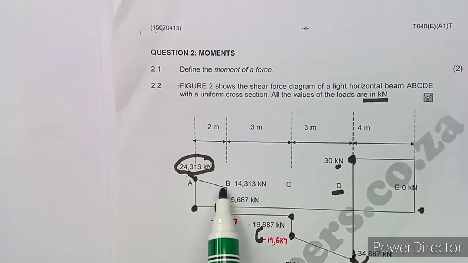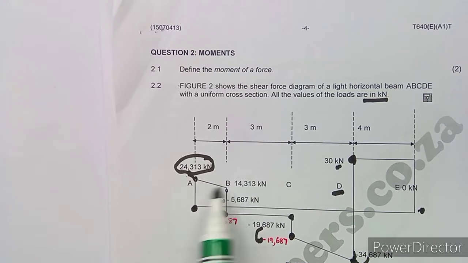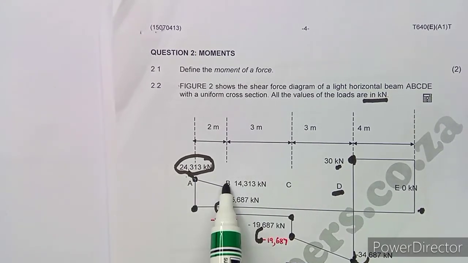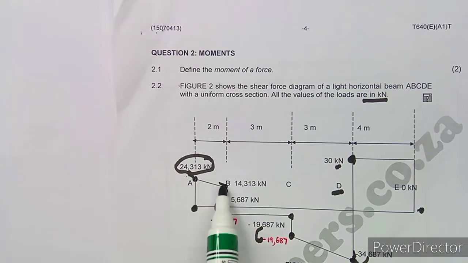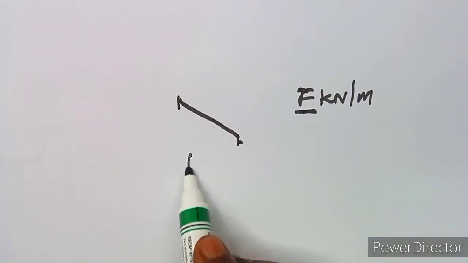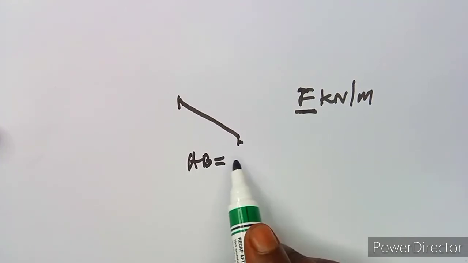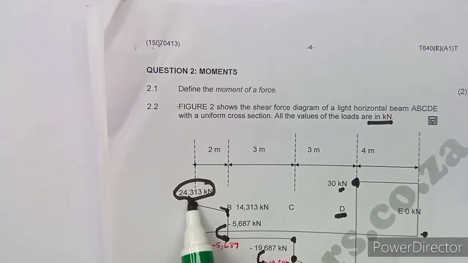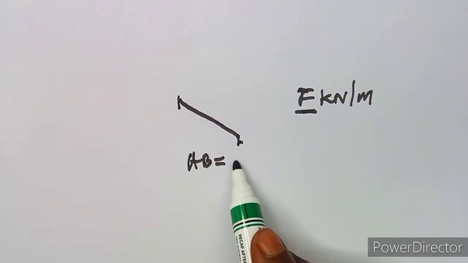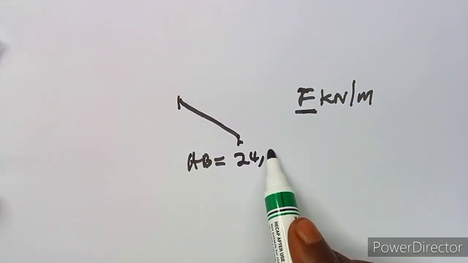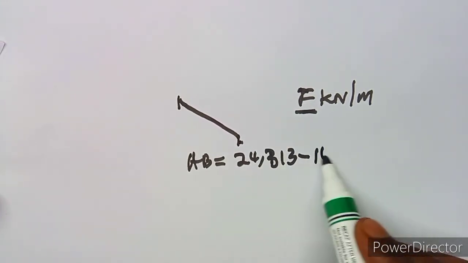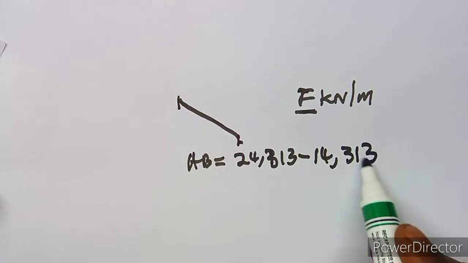Because I subtracted to obtain the value, I'm going to do the same here. I'm going to subtract between these two forces, because at A this is the magnitude, and at B the magnitude, so I'm going to subtract the two. So at A, B, I'm going to subtract the one at A minus the one at B. So it's 24,313 minus 14,313 like this.